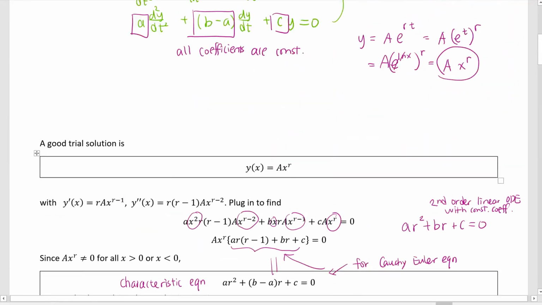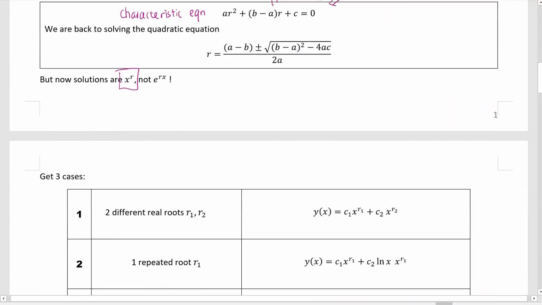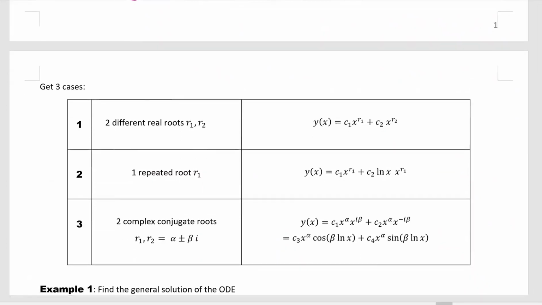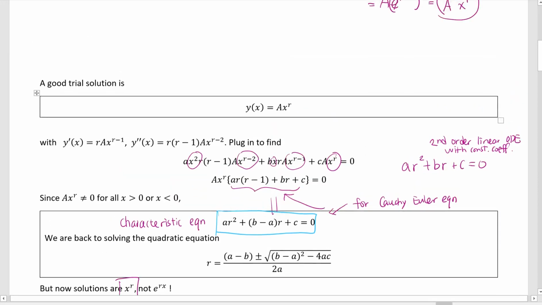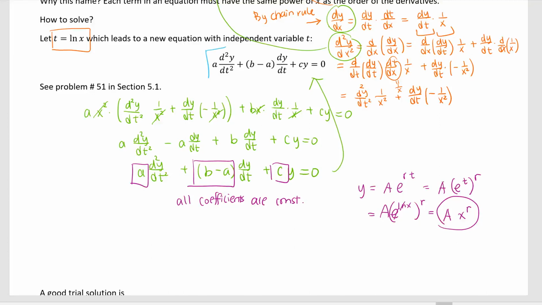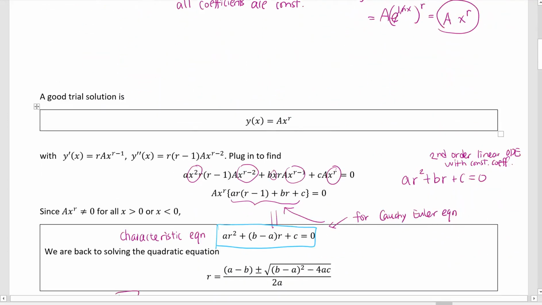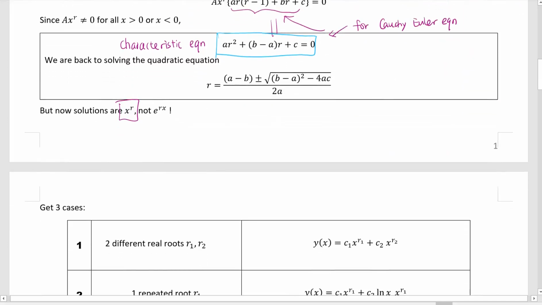I also want to point out that this is actually the characteristic equation for this differential equation with constant coefficients, but the independent variable is t instead of x.